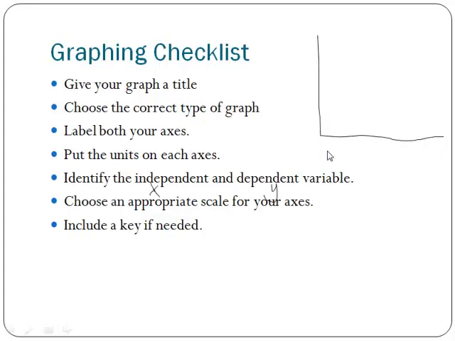All right. So the independent variable is going to go across the x-axis. So in our experiment that we just looked at, peanut M&Ms and then regular M&Ms were our two, and they go across the bottom. And then up the side we put our dependent variable, which was time.